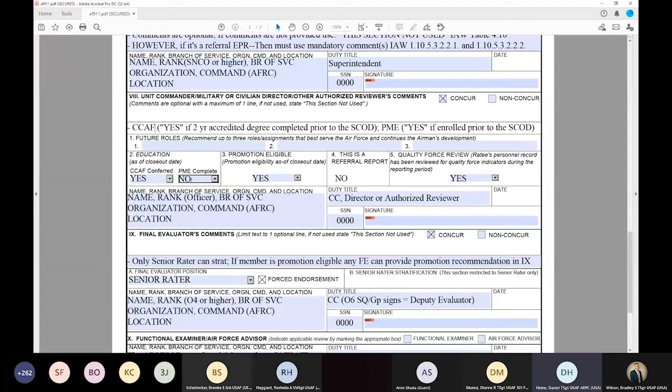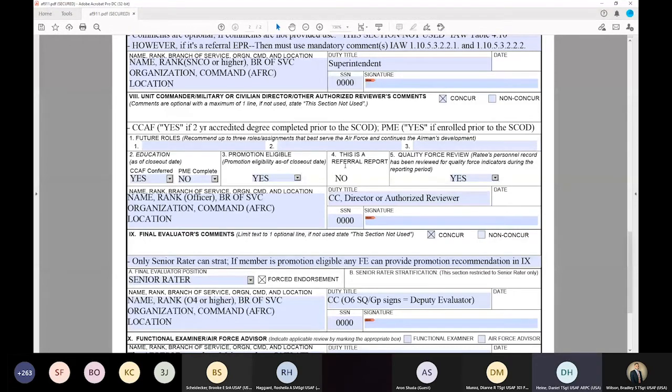If the member has not enrolled nor completed PME prior to the closeout date, then that's when this would be no for PME complete. If the member is promotion eligible, this will be marked yes, and promotion eligible is specifically time in grade, time in service eligible. So none of the other factors apply to block 3. This is specifically going to be time in grade, time in service.